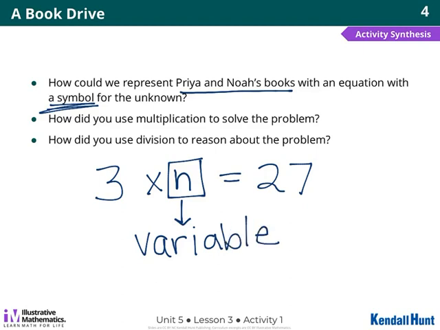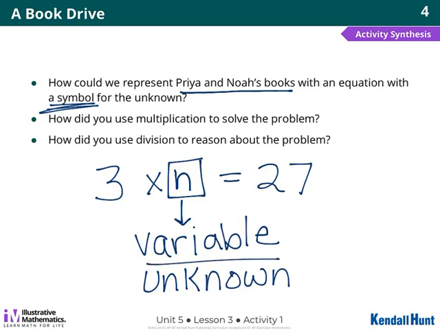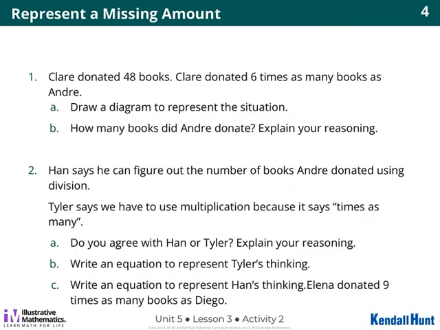A variable just means it's an unknown amount. So that letter could stand for any number. In this case, it has to be what number though? 9, yeah. Okay, so that's a variable. And we talked about multiplication and division. Let's look at activity 2, and then I'm going to let you guys go do it, okay?